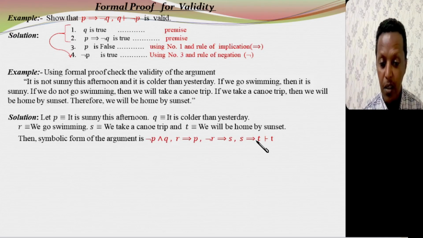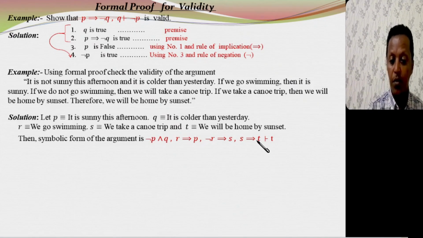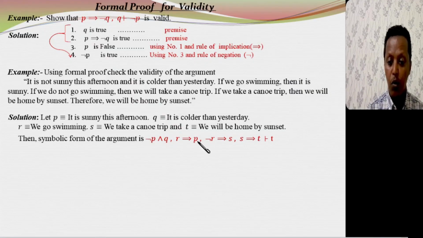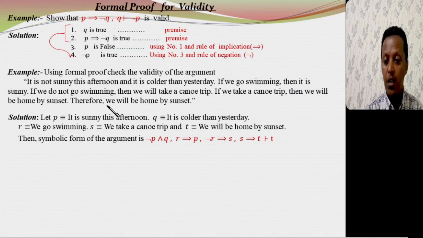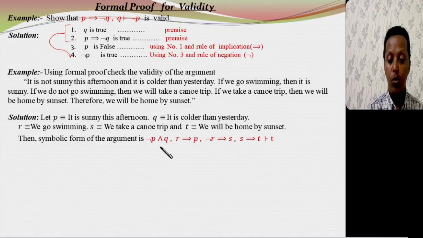If S, then T, that means S implies T. So we have 4 premises and a statement next to therefore, that is the conclusion, will be home by sunset, that is T. So we convert the verbal statement of the argument into symbolic form.